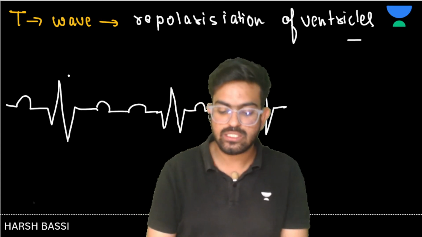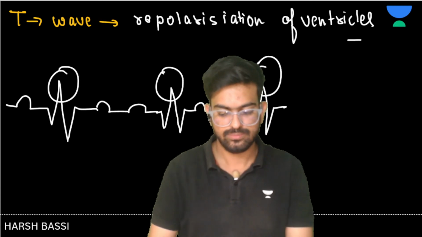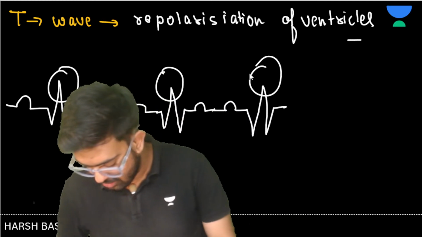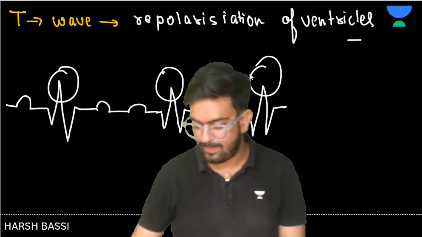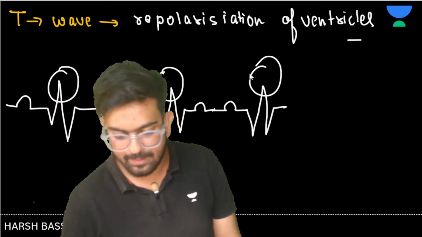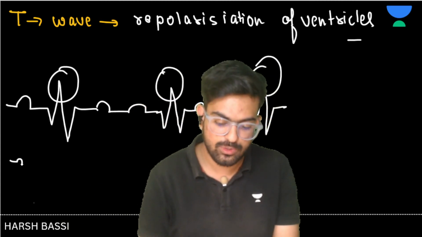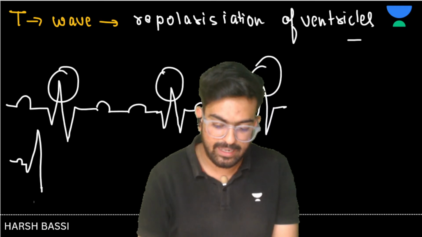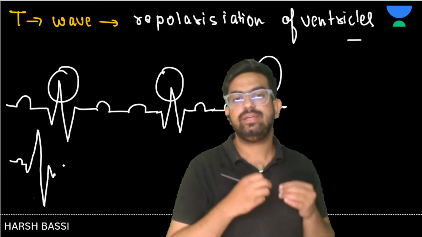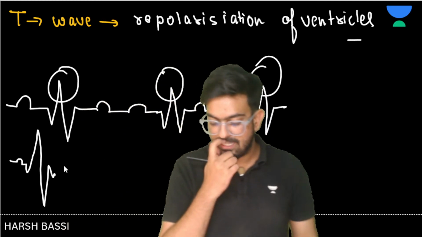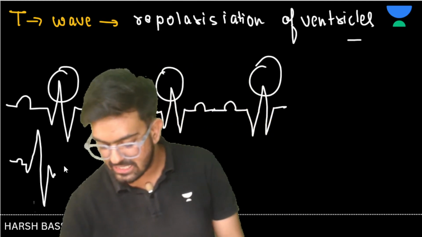By counting the QRS complexes, this QRS complex represents one heartbeat. Okay, and if suppose there is any deviation, let's suppose the QRS complex became bigger or smaller, or something else, what does it represent? It represents abnormalities in the heart.